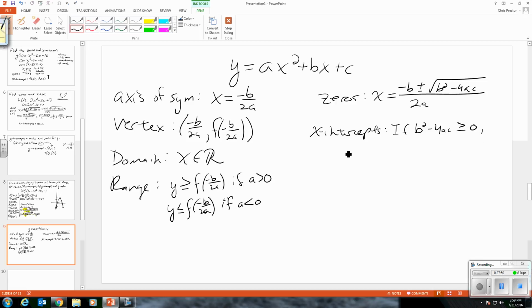If not, there aren't any x-intercepts, but if that is true, then there are, whatever the zeros are. Again, you don't have to use the quadratic formula, but this is always going to work. And the y-intercept will be 0, comma c. So there's all the information using that format, different ways you can find that, and that's an introduction to quadratic functions, the graphs of them.